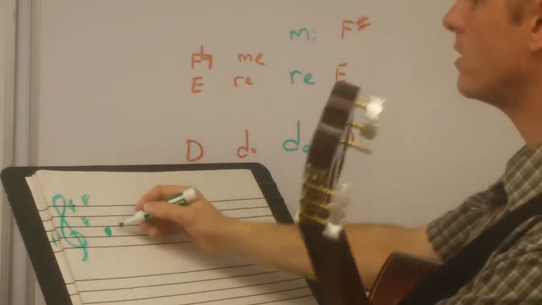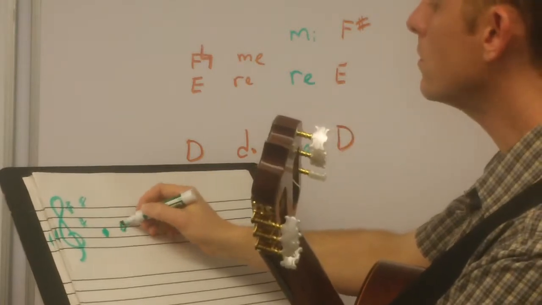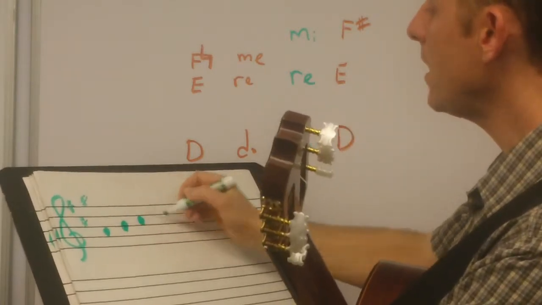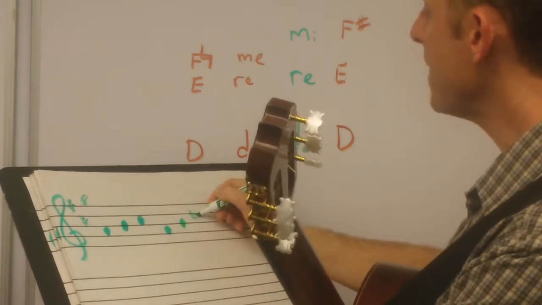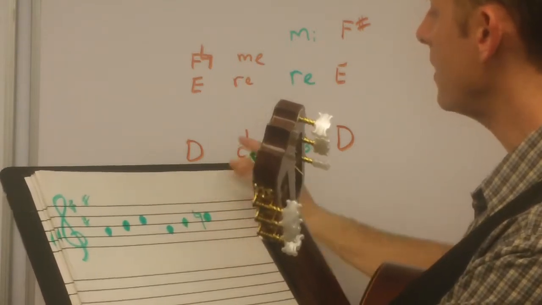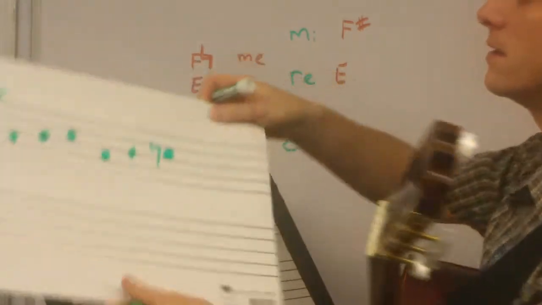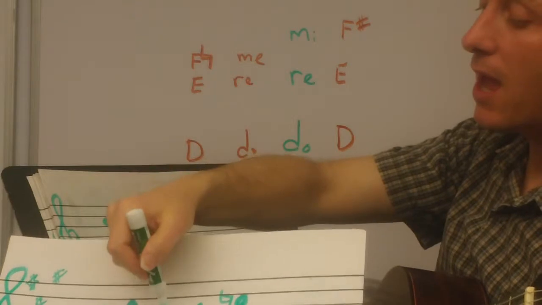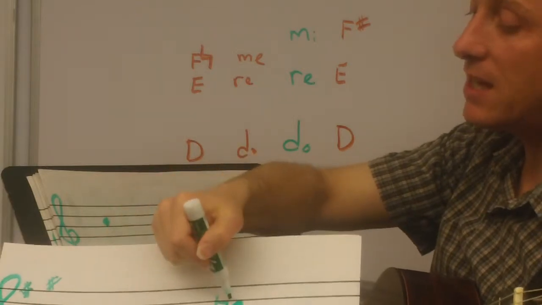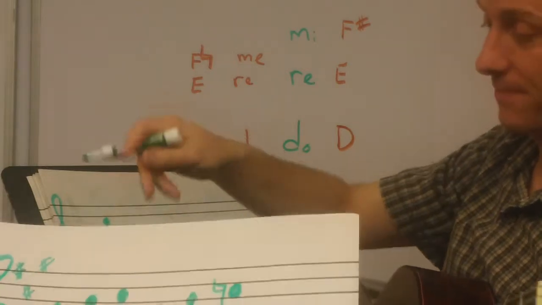And the pattern went do, re, mi, do, re, may. So I go A, B, C sharp, A, B, C natural.